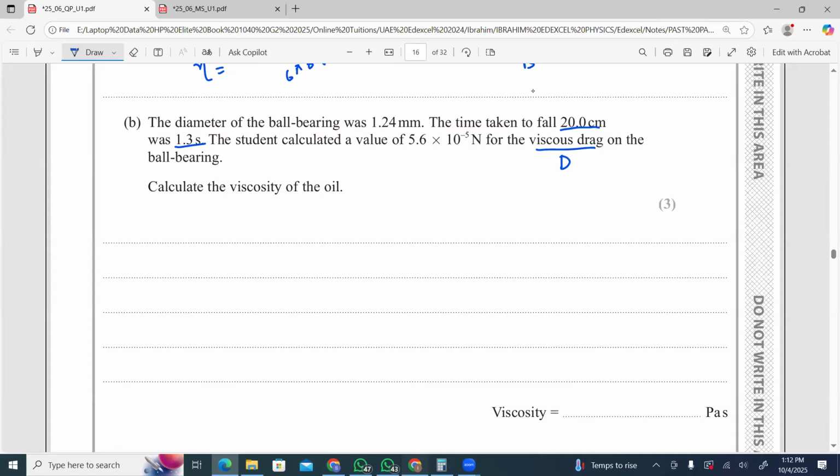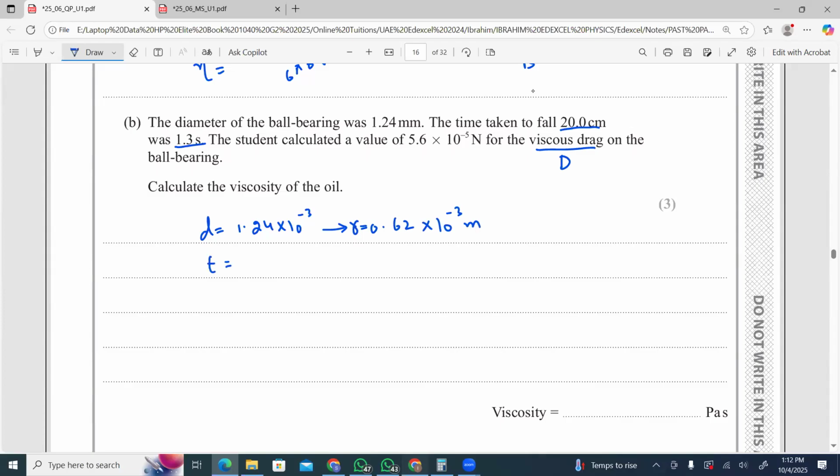Calculate the viscosity of the oil. So simple to write. Diameter is 1.24 times 10 raised to the power minus 3. So its radius is going to be 0.62 times 10 raised to the power minus 3 meters.